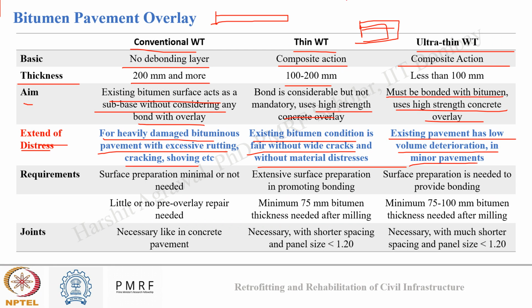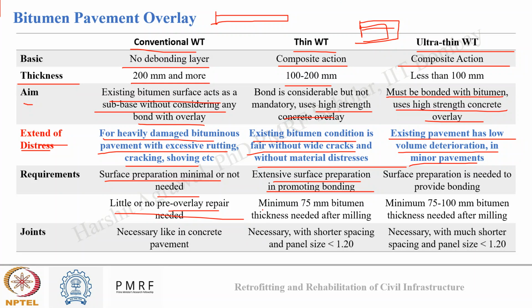Okay. So for conventional white topping, I may not require surface repair, and thus no pre-overlay treatments are needed. While for thin and ultra thin white topping, I require extensive surface preparation so that I can ensure proper bonding between the existing pavement and the overlay.